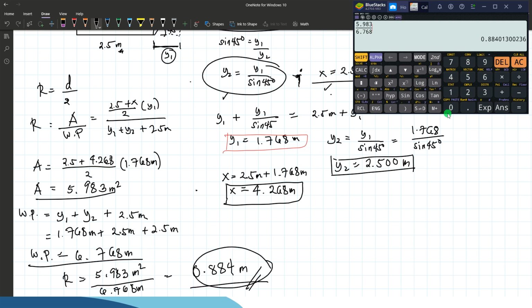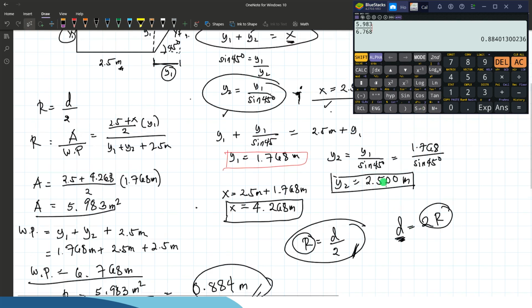As I've discussed earlier, the hydraulic radius for the most efficient section is d over 2. So let's check if it is really d over 2. We can verify it by multiplying the hydraulic radius by 2 to determine the depth, which is your y sub 1, right?